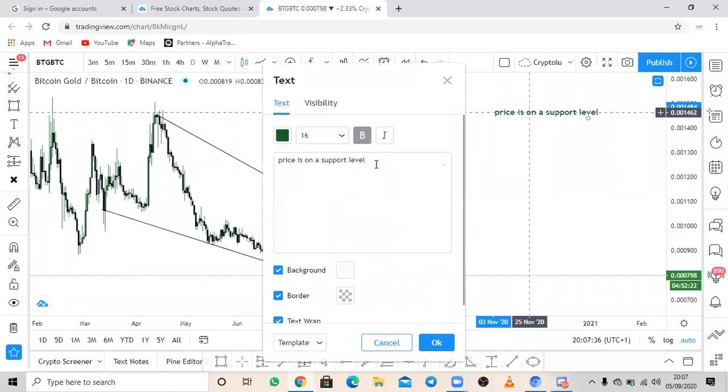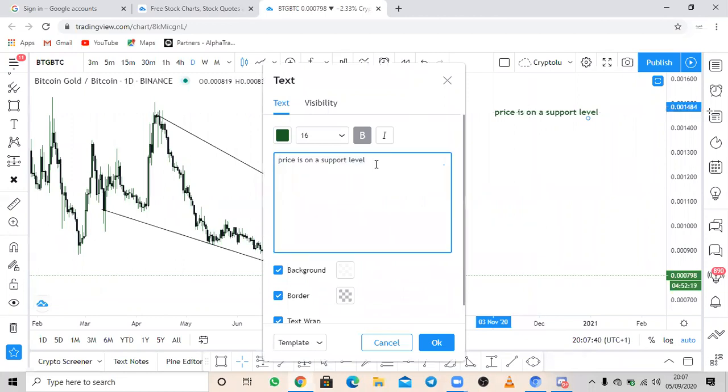So we have price on the support level, we have a downtrending resistance trend line, and we also have a falling wedge. Okay, so let me know if you can still hear me, please.